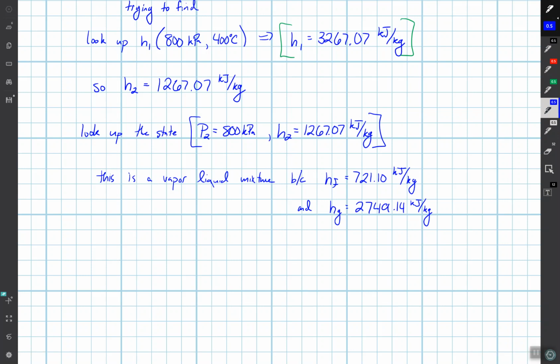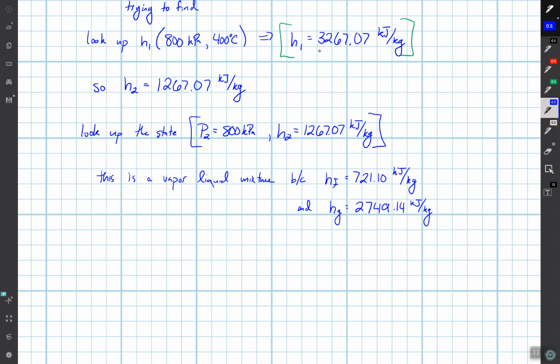And our value, 1267.07, is between those two values. If we were less than 721, that would be a normal liquid. And if we were more than 2749, that would be a normal gas.